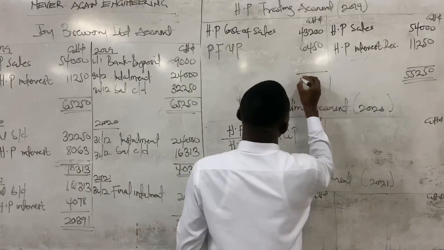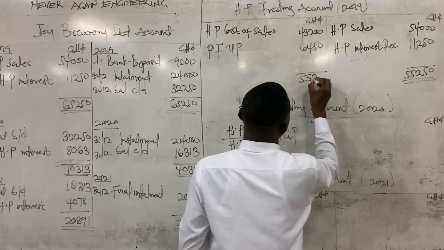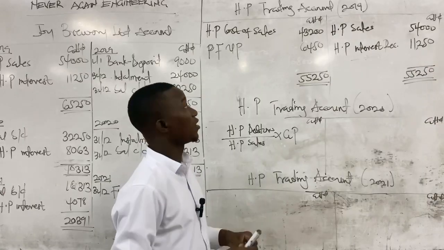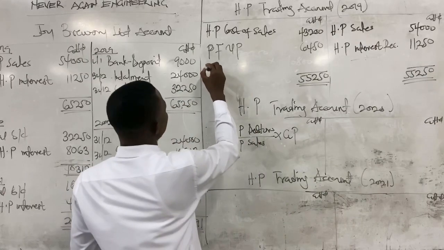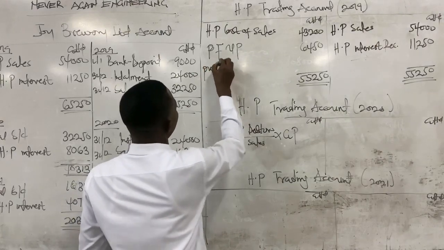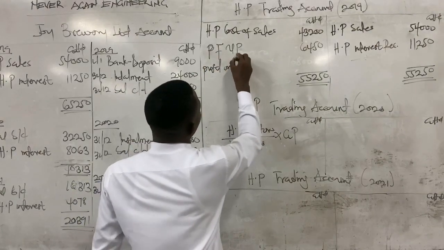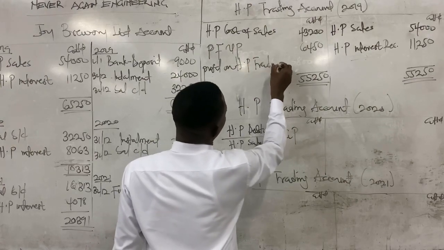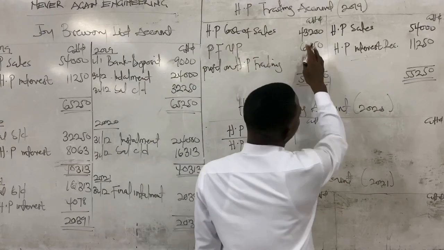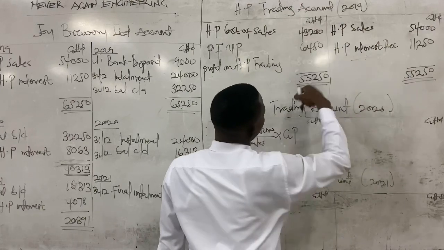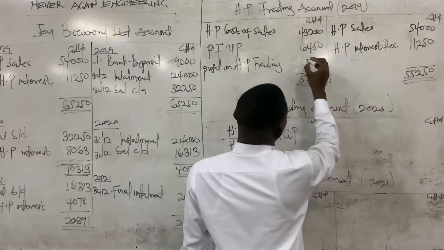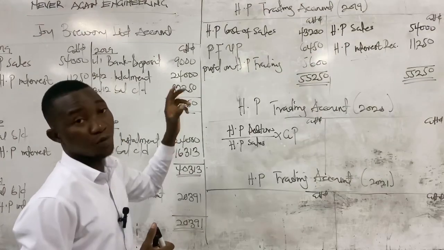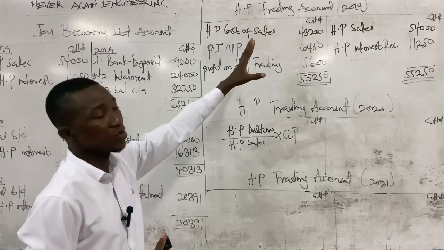So the debit will also be 55,250. So the profit on the HP trading for 2019 will be the difference between these two and that of this. That will give us an amount of 5,600 as the profit on high purchase trading for 2019.